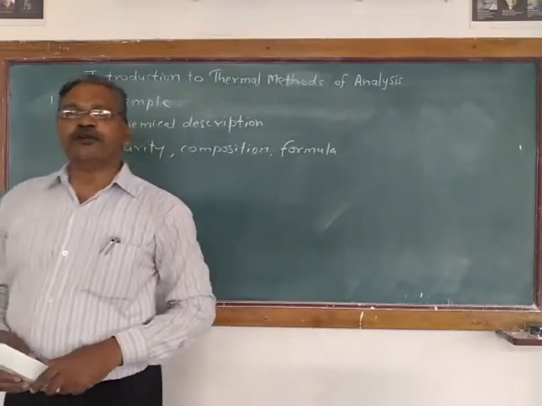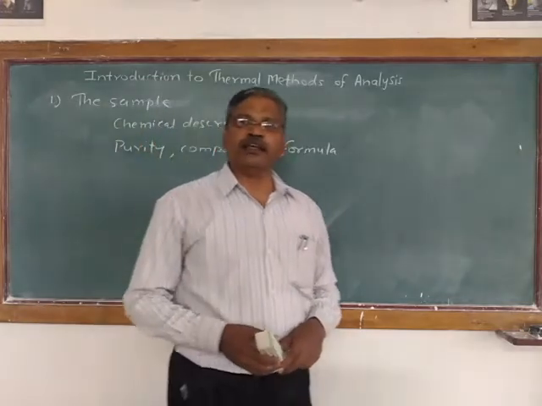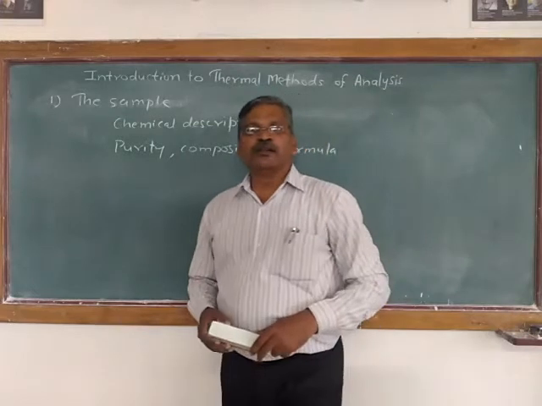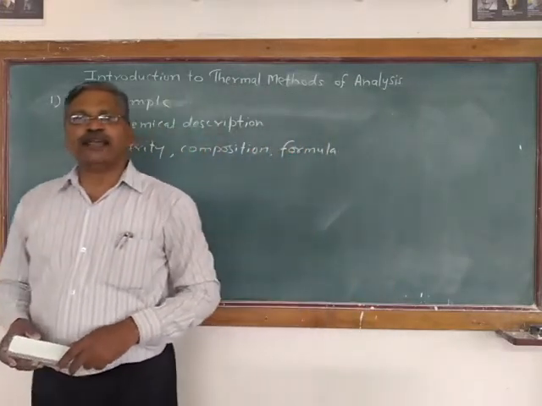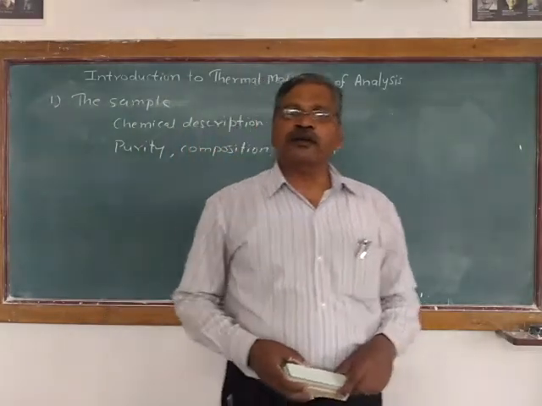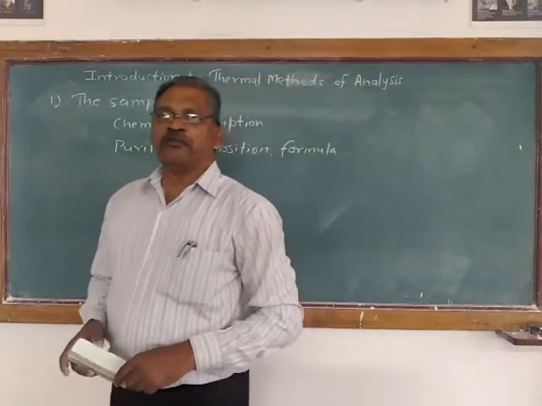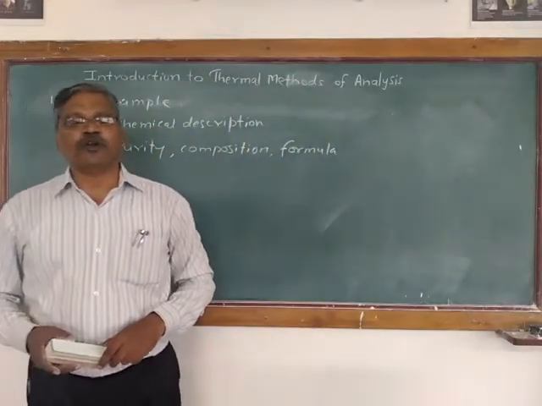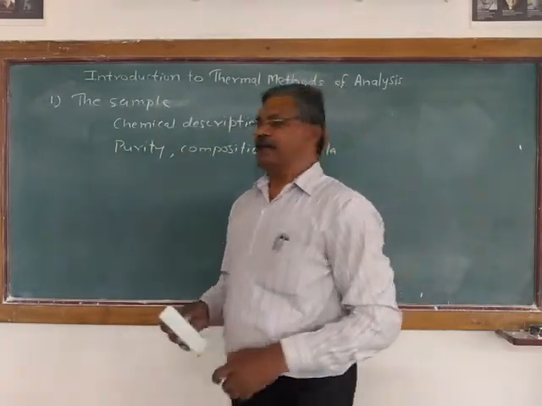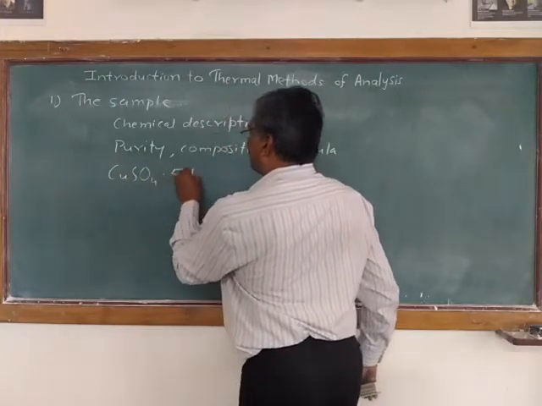If the sample is diluted with another substance, such as an inert reference material, then the composition of the mixture should be given. This diluent can greatly alter the thermal conductivity of the sample. Even particle size may alter the shape of the curve, especially where a surface reaction is involved. For example, copper sulfate pentahydrate, CuSO4.5H2O.